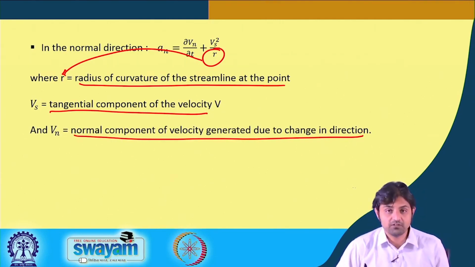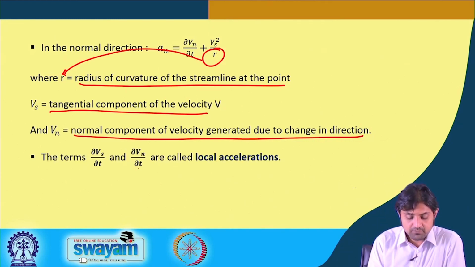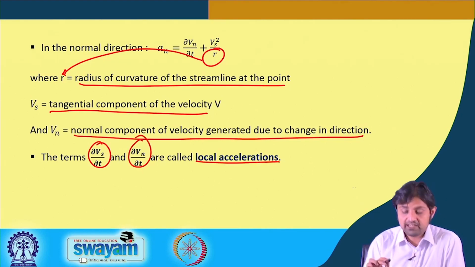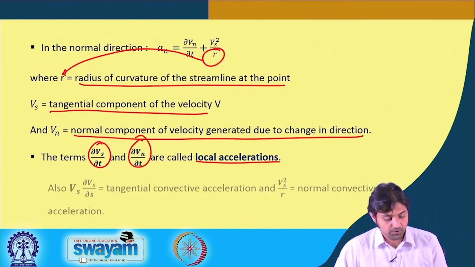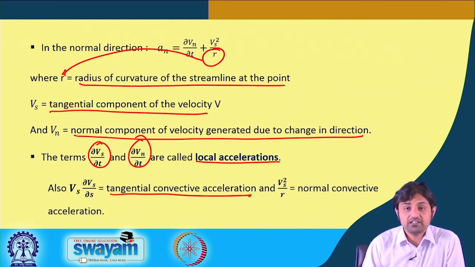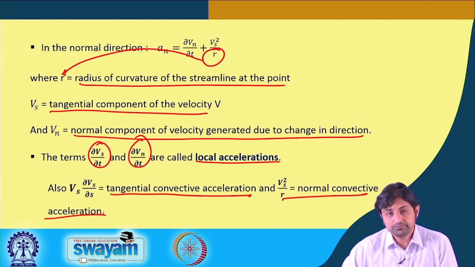The terms del Vs by del t and del Vn by del t, this one and this one, are called local accelerations. Vs del Vs by del s is the tangential convective acceleration, and Vs squared by R is the normal convective acceleration.